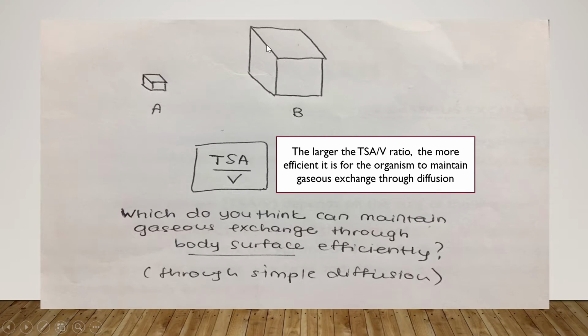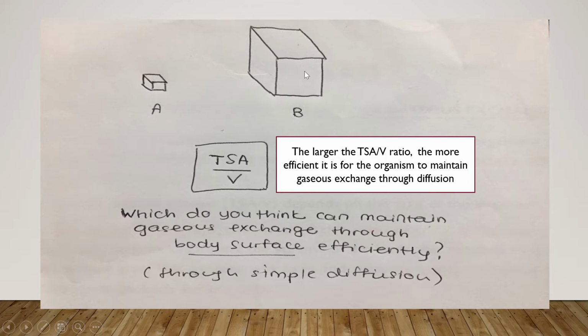Maybe you can think of it this way. You have oxygen in the surrounding, right? So which organism, A or B, will get the oxygen from the surrounding through diffusion more easily, to cater to every single unit of the cell?